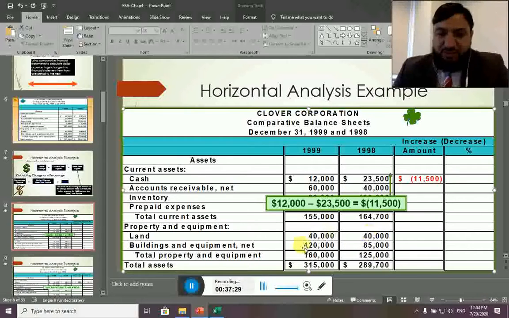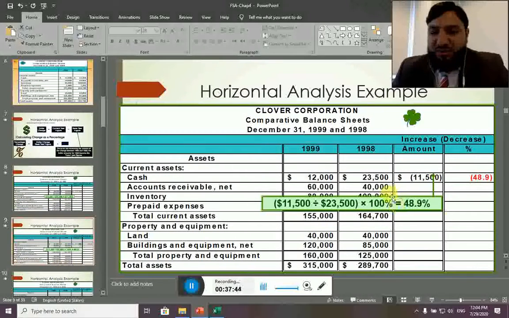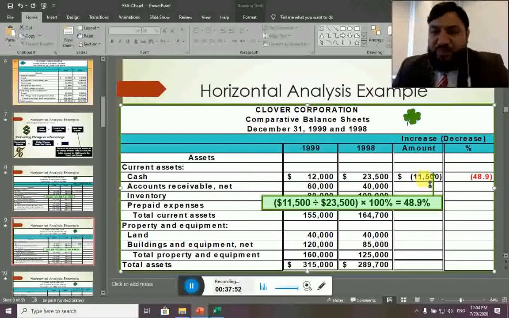40,000 minus 40,000, 120,000 minus 85,000, 106,000 minus 125,000, 315,000 minus 29,000. We'll get the results here. Simple calculation. Now the next step is to find the percentage change. We have found the dollar change.